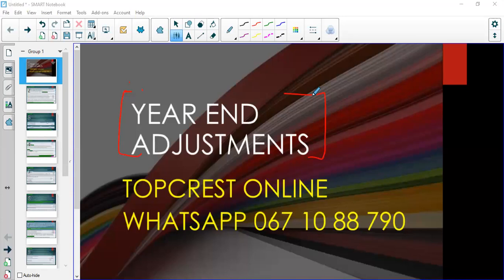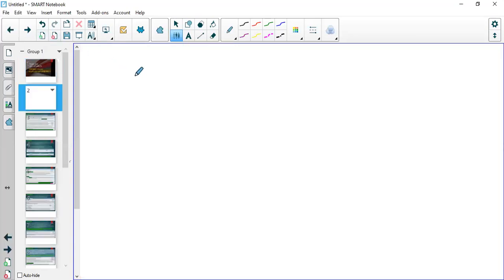All right. So the concept of a year end adjustment is basically based on two concepts that I'm going to share with you now. There's a concept of what we refer to as a financial year in accounting. A financial year in accounting is a period of 12 months.